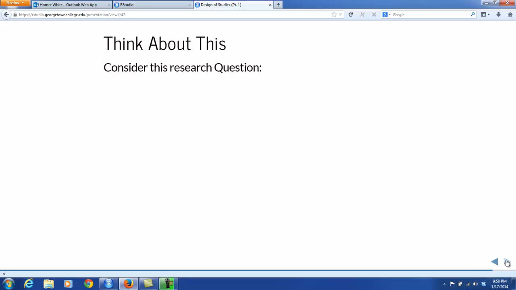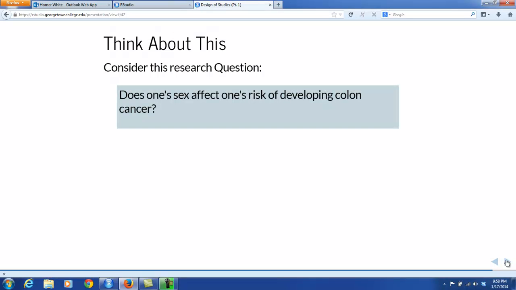For some practice, think about this research question. Does one's sex affect one's risk of developing colon cancer? Could this research question be studied by an experiment? Now, to answer this question, you have to think about what are the 2 variables of interest here.